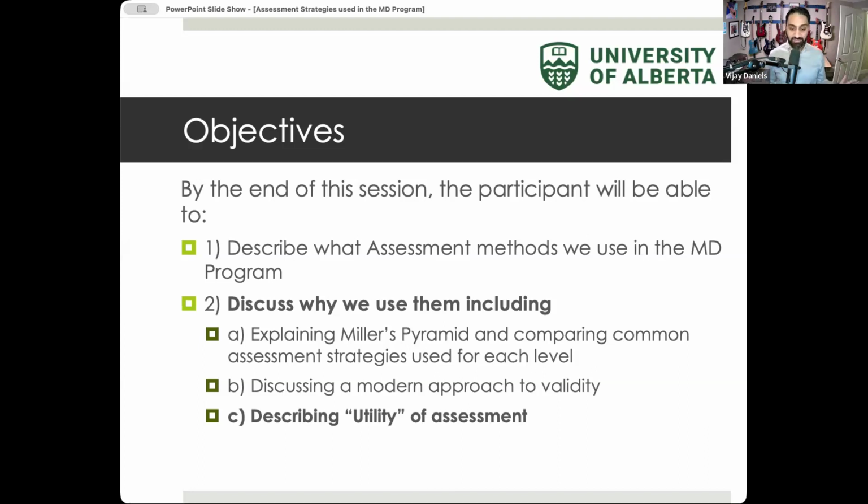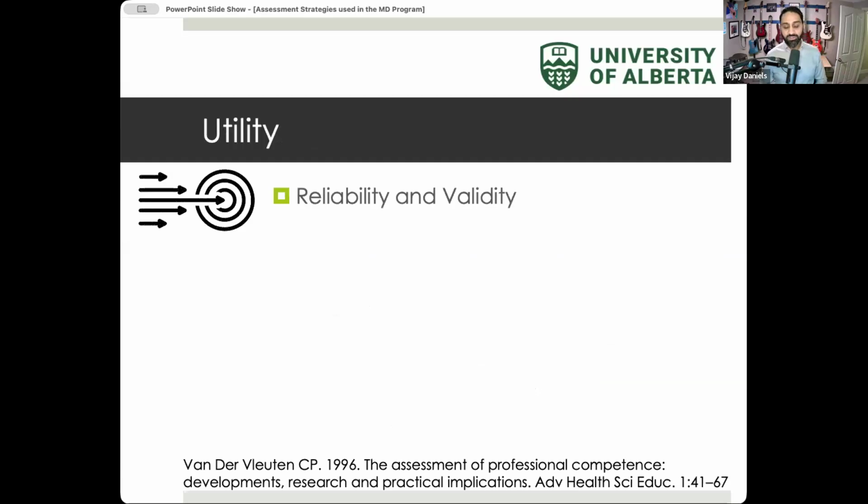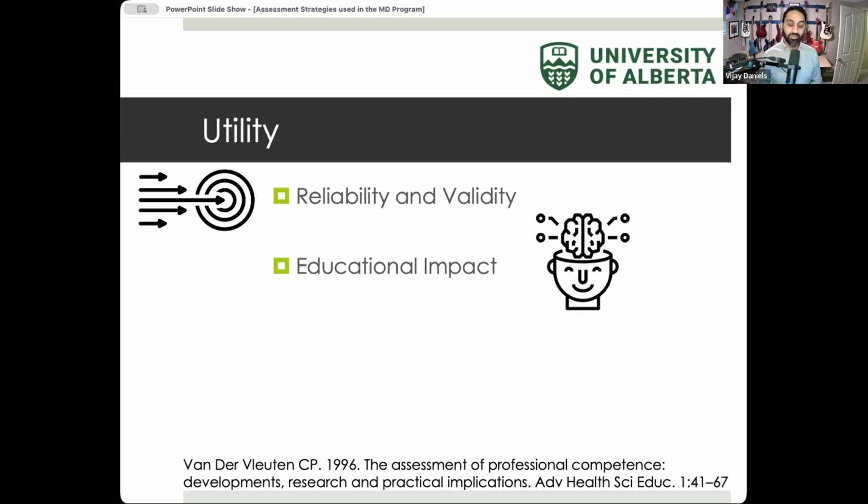So the way it was originally described back in 96 by Kees van der Vleuten is there were kind of 5 pillars. I put reliability and validity together because they're so intrinsically related. Reliability now is viewed as a subset of validity, as I explained. But what's the educational impact on this assessment? We know one of the best uses of assessments is to drive learning.